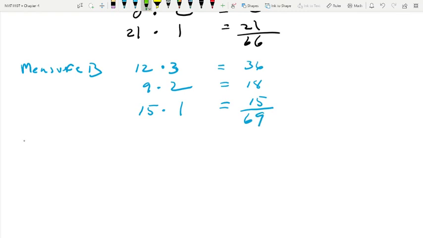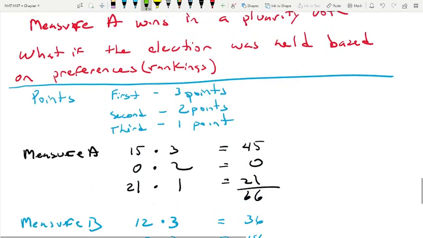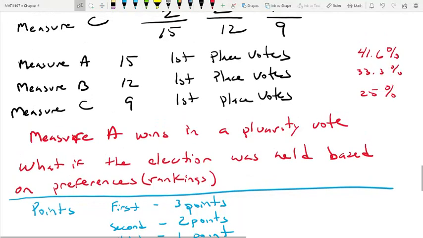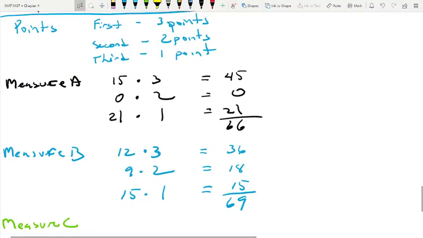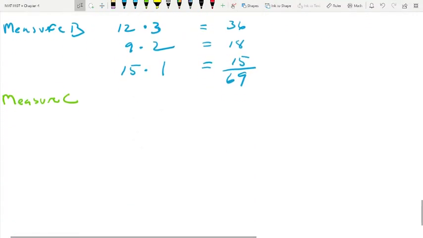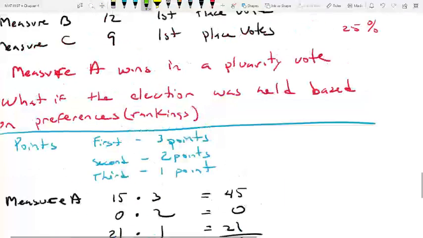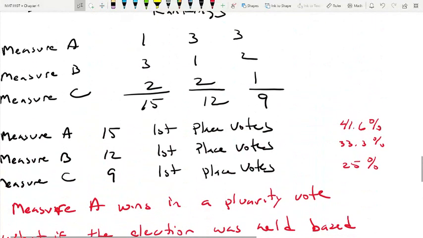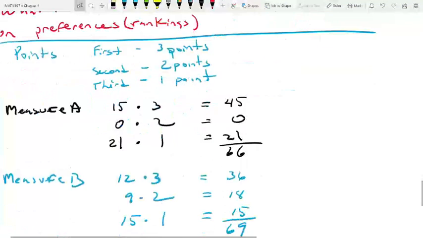And now we go to measure C and see how it did. Measure C had 9 first place votes. So this is going to be 9 times 3. It had 27 second place votes.